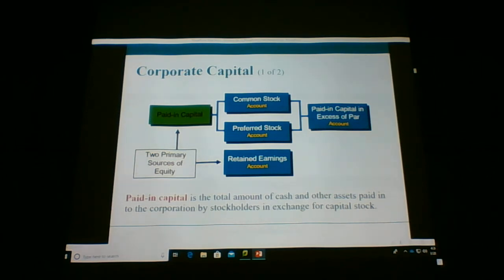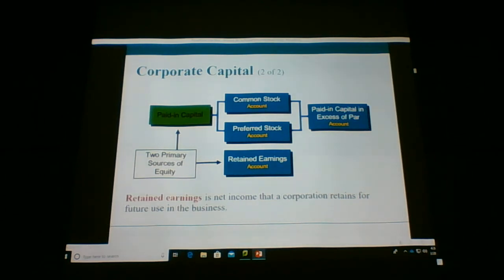Fun, fun, fun. We've already talked about retained earnings, but I'll reiterate, it is net income that a corporation retains for future use in the business. We'll get into what that means probably in the next presentation.